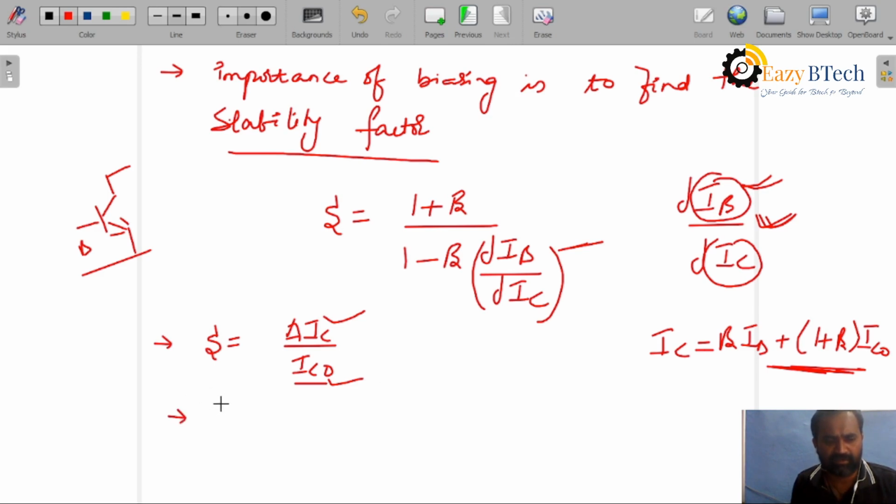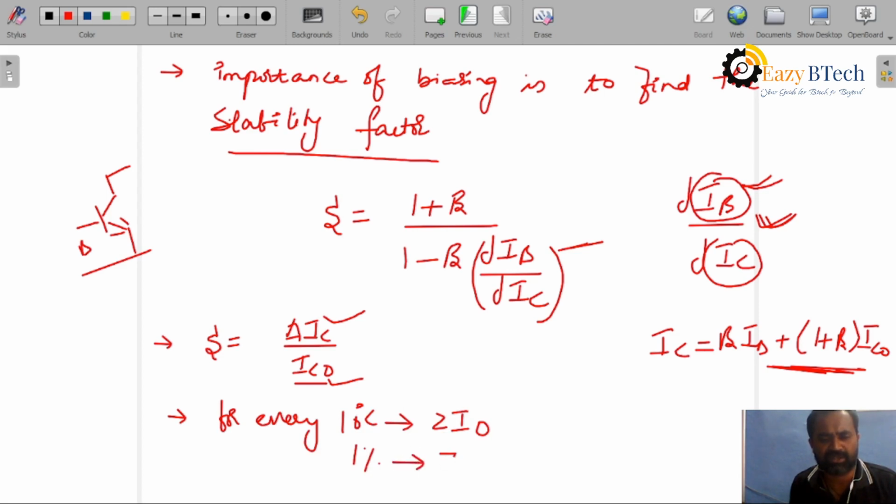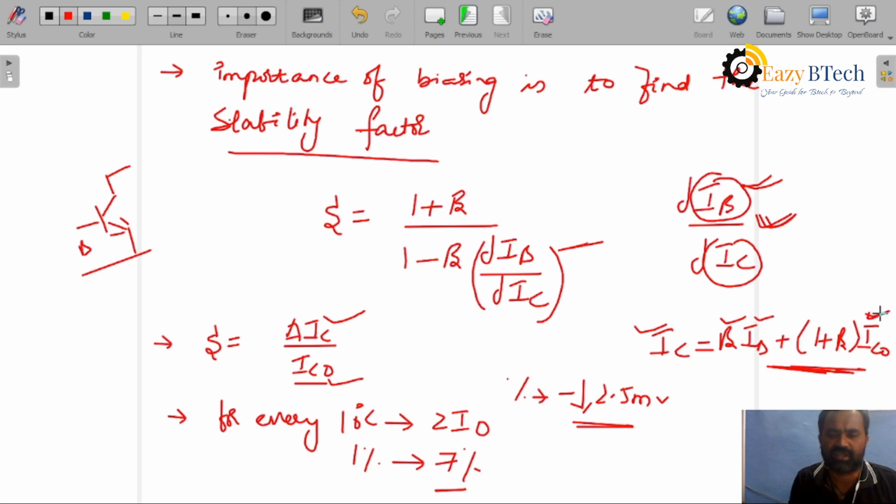That is, for every 10 degree rise in temperature, the reverse saturation current will be double. For every 1 degree rise in temperature, the reverse saturation current increases by 7%. For every 1 degree rise in temperature, the cut-in voltage will decrease by 2.5 millivolts. These are the factors. It means for the stability factor we can differentiate: change in IC with respect to beta, change in IC with respect to VBE, meaning IB, and change in IC with respect to the reverse saturation current IC naught.